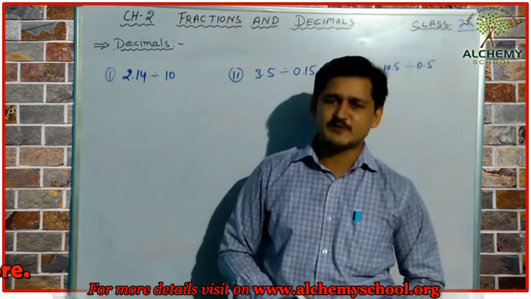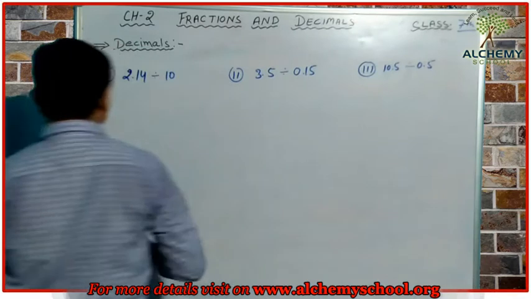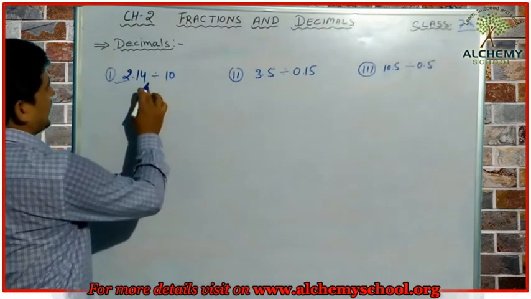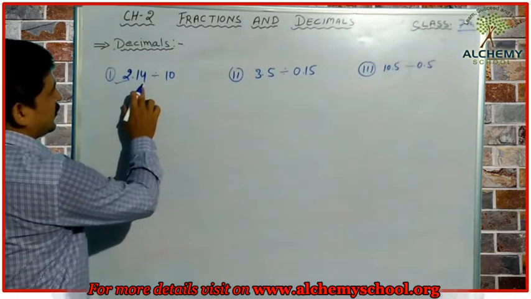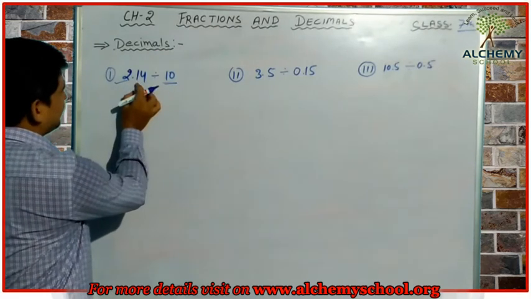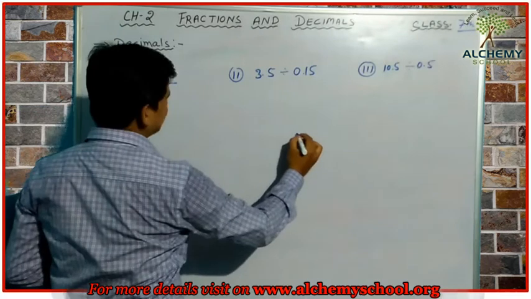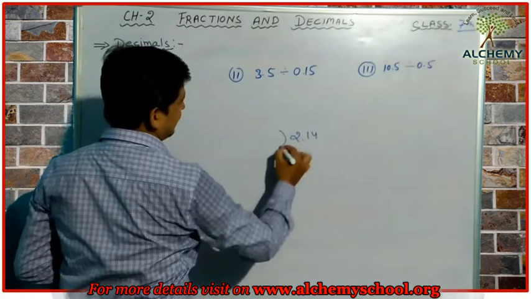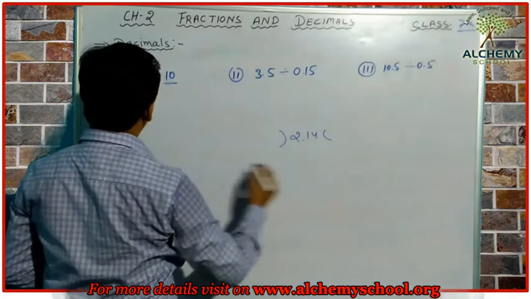So let's see the first example. The first example is we have 2.14, and 2.14 is divided by 10. Simply we can divide 2.14 by 10 by applying a simple method that we have already studied in our previous class.